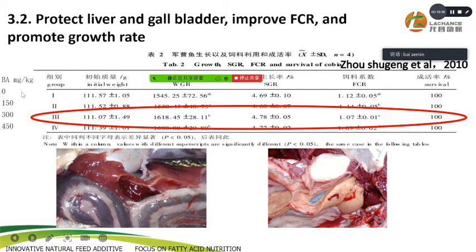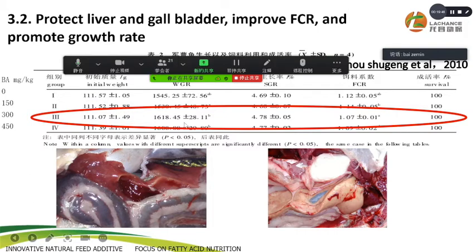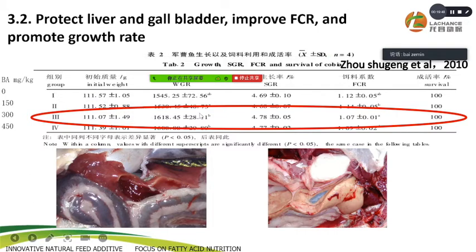When we add 300 grams of bile acid per ton of feed, the initial weight is similar, 111, but finally we found after the trial, the final weight increased almost 10%. SGR also increased around 8%, and the FCR dropped 10%. But because this cobia is very hardy, I think this is the reason why the survival rate showed no difference.